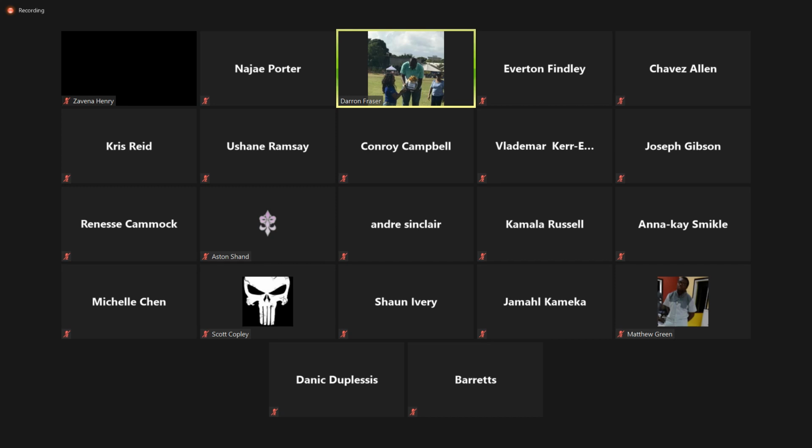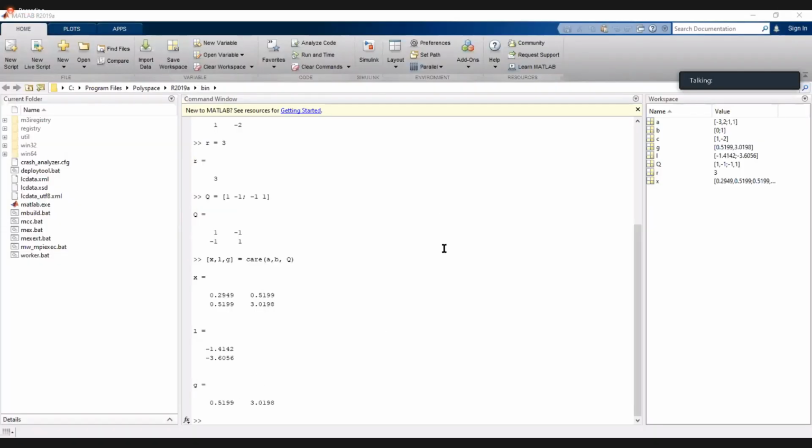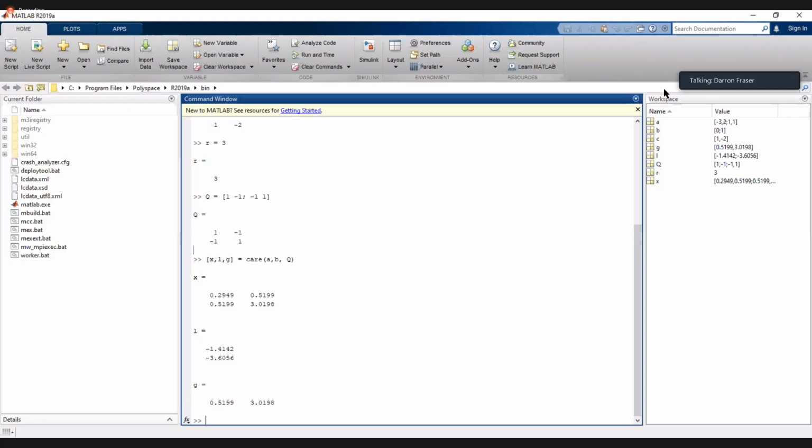I'm just looking to see why they say it's not recommended. Enter A and B and C, and let me see why they are not recommending the care function.